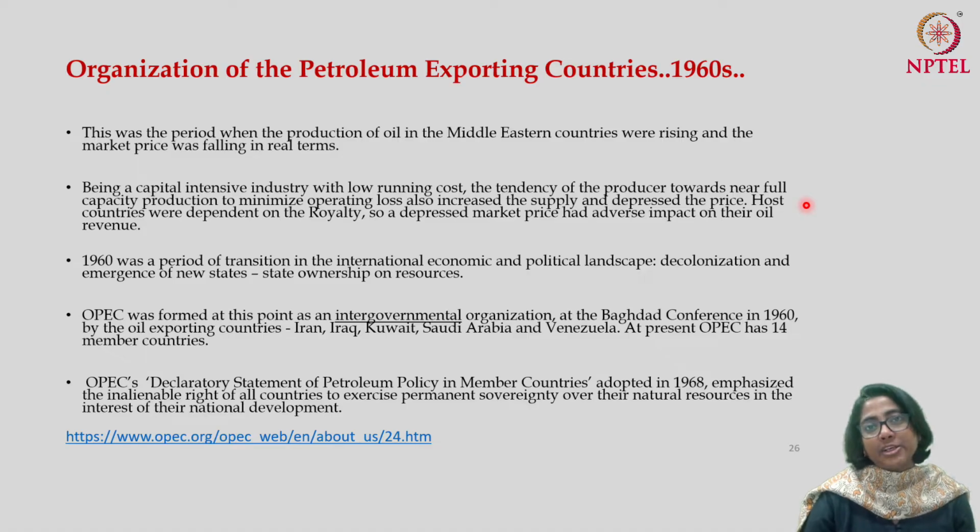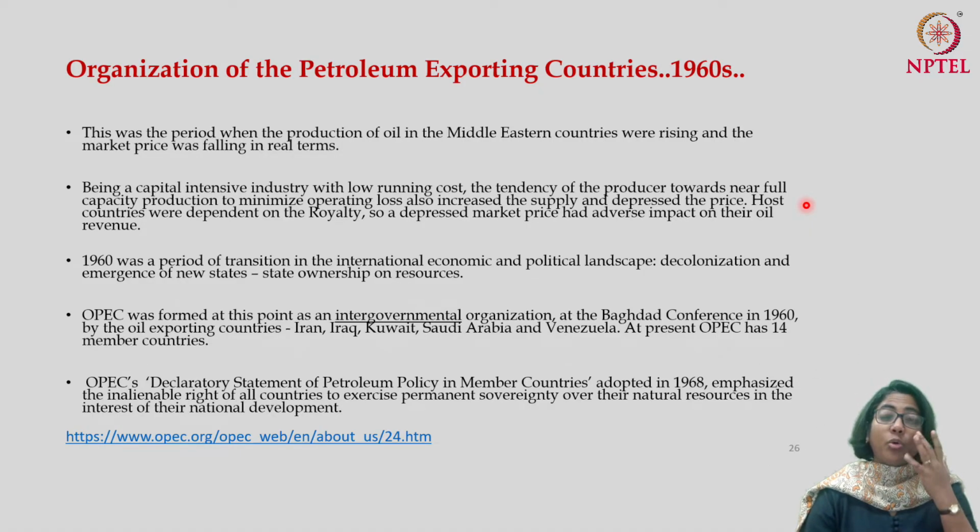Now, this tendency of operating towards near full capacity increased the supply in the market, and this also depressed the price. This is the period where a lot of concessions were in place. Many of the foreign companies were operating in the host countries, who had, I won't say owned, but had the reserve of oil.